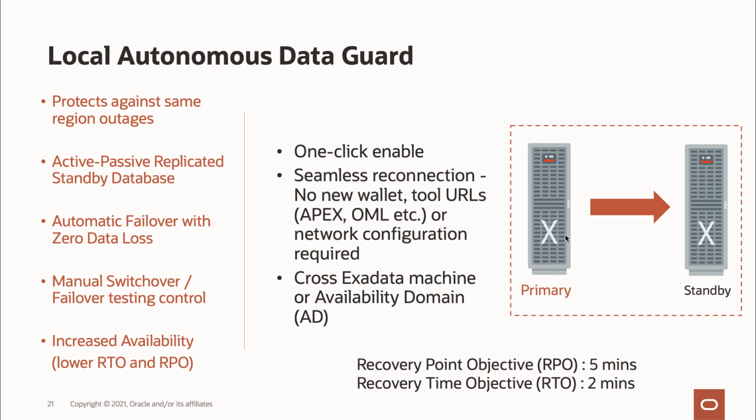If the region has more than one availability domain, then that standby database is provisioned in a different availability domain as well. This is an active passive standby database, which means that the standby database is constantly refreshing from the primary and may therefore be lagging behind it by a couple of minutes.